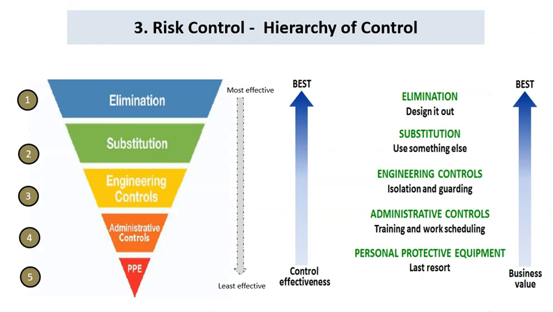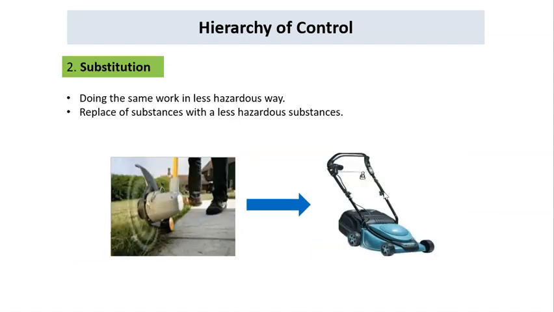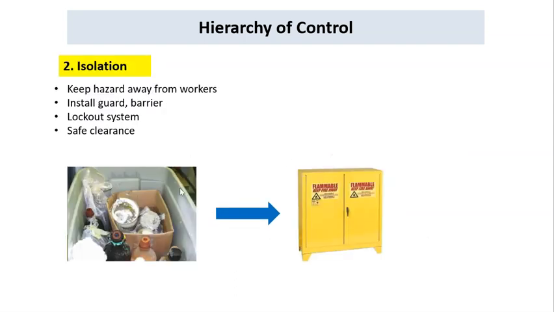So the last one, the risk control, so you have to go back to the hierarchy of control in which we have covered this in the previous chapter. So we start with the elimination and down to PPE. So elimination, we can see that you need to remove totally from the workplace. Substitute with less hazardous substance or machine.